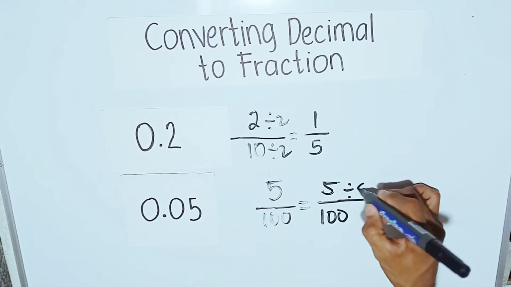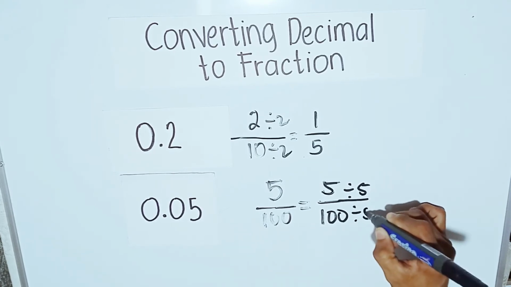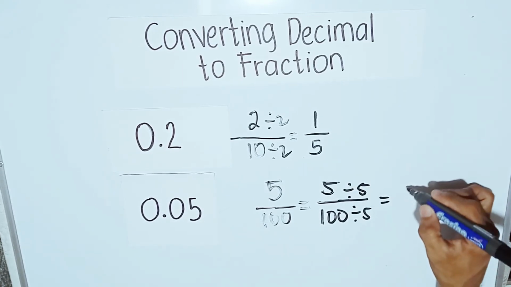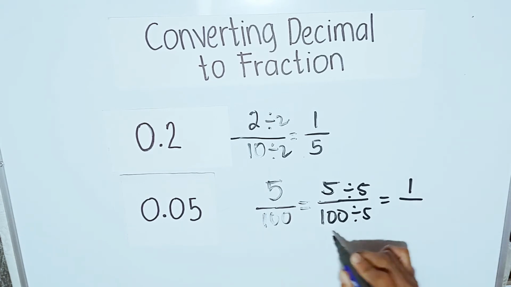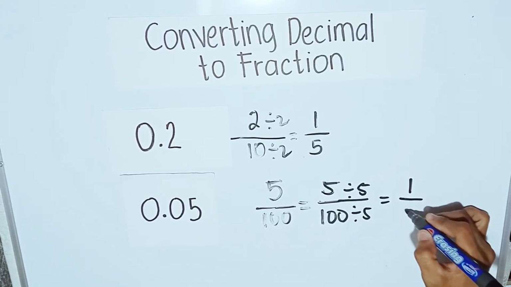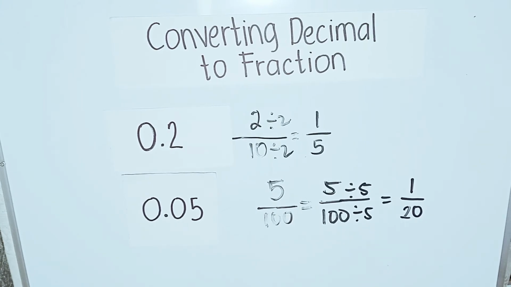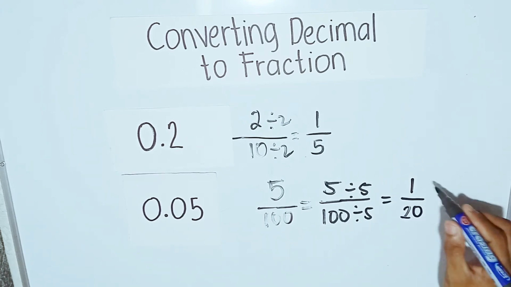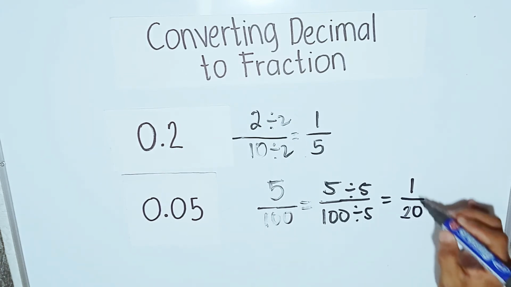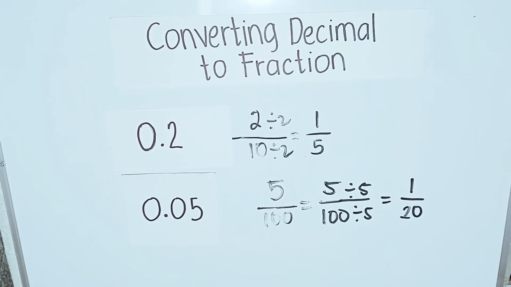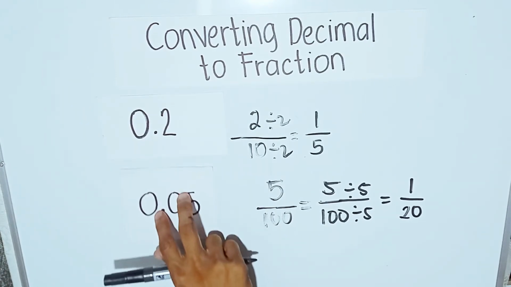Pwede tayong mag-divide ng 5, both numerator and denominator. So 5 divided by 5, we have 1. And then 100 divided by 5, we have 20, right? Tama ba ako? Meron tayong 20. So, meaning to say, our fraction form of 0 and 5 hundredths will be 1 over 20. So, as simply as that.